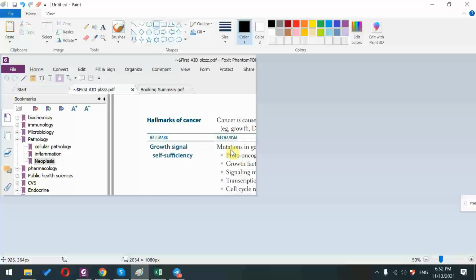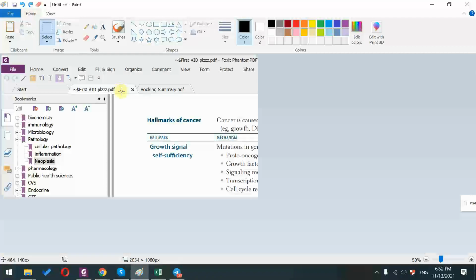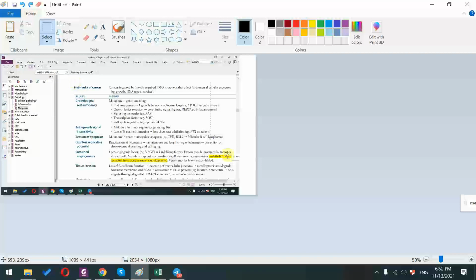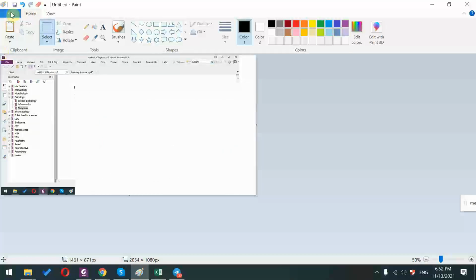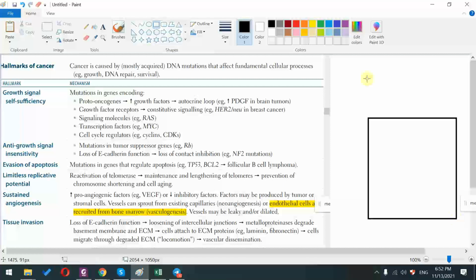So starting with our cell, if we imagine that we have a cell, let's just put a cell here, and this cell wants to grow.